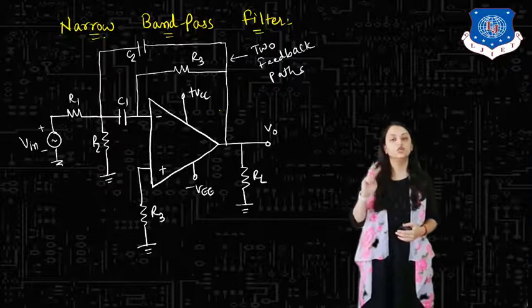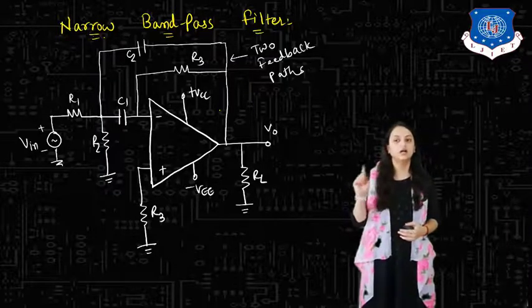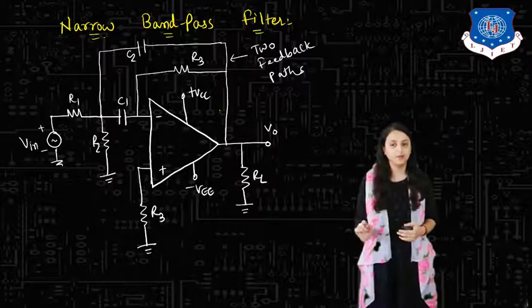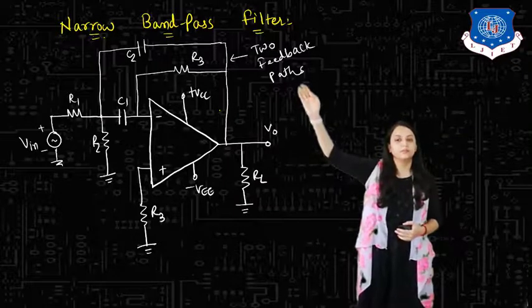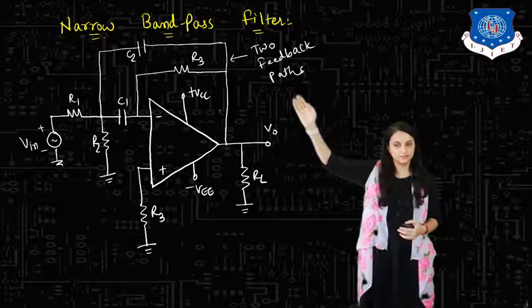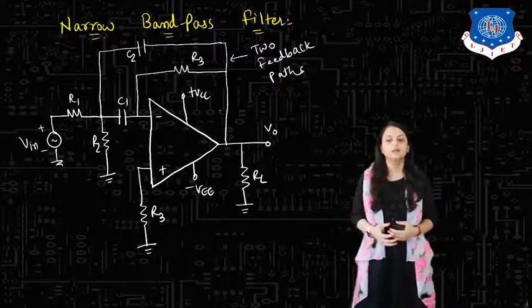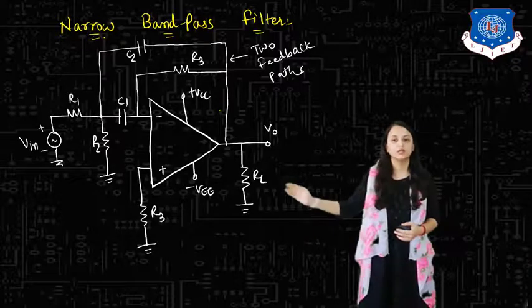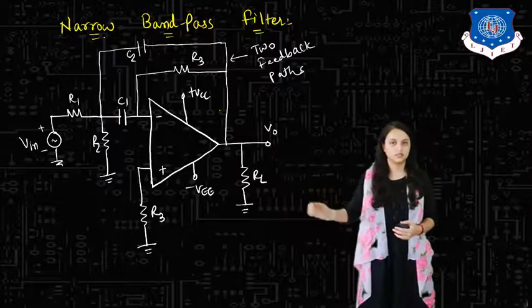In feedback, two components are connected, R3 and C2. That means resistance and capacitor are connected in the feedback, which provides two feedback paths. To the non-inverting terminal, the resistance R3 is connected and RL is the load resistance.